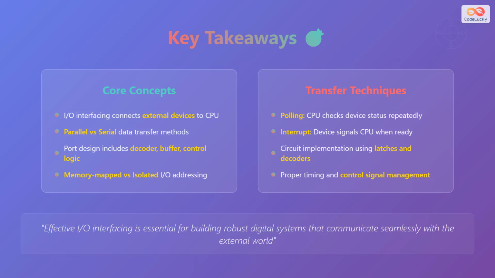Data transfer techniques include polling, where the central processing unit checks device status repeatedly, and interrupt, where the device signals the central processing unit when ready. Circuit implementation involves latches and decoders, ensuring proper timing and control signal management. Effective input-output interfacing is essential for building robust digital systems that communicate seamlessly with the external world.